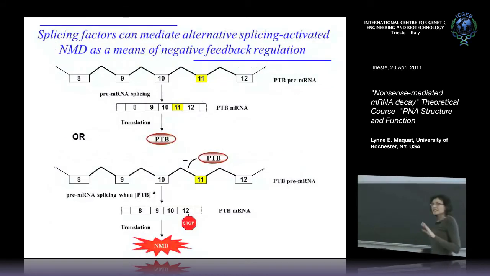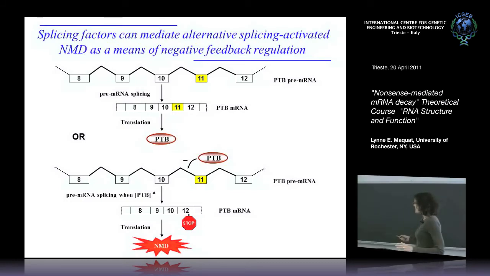That said, NMD is used by cells for homeostatic purposes. And an example is provided by many RNA binding proteins. The one I want to talk about here is polypyrimidine tract binding protein, or PTB. It actually feeds back on the splicing of its own pre-mRNA.